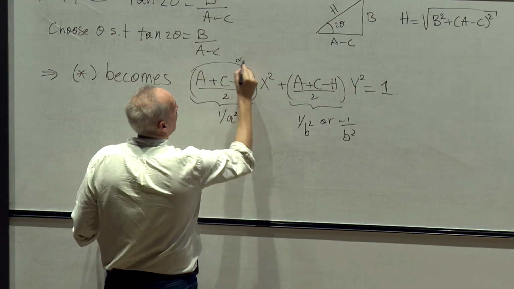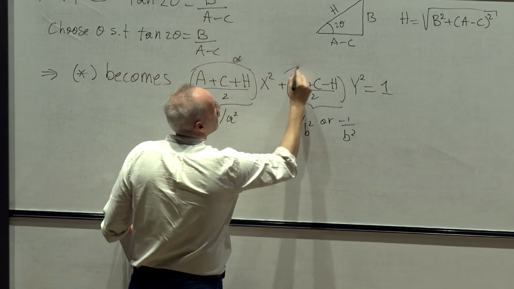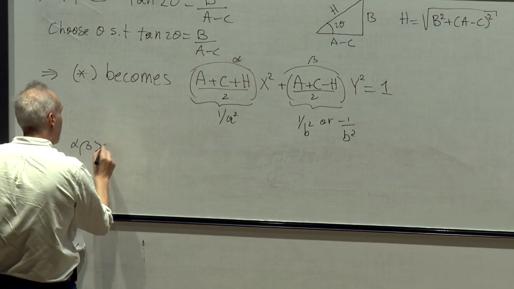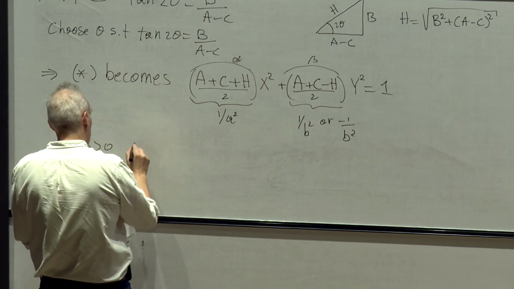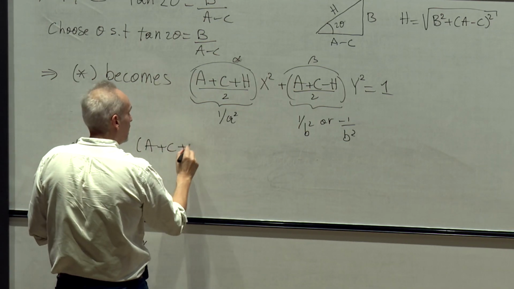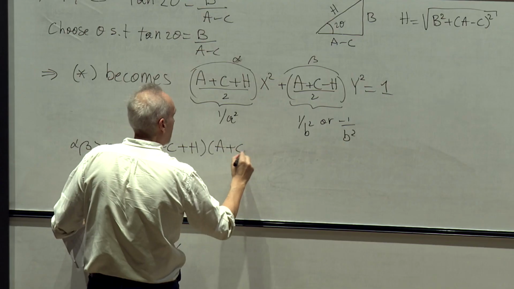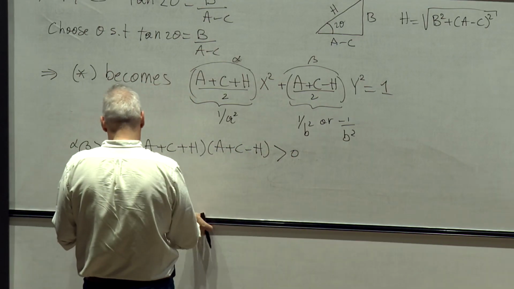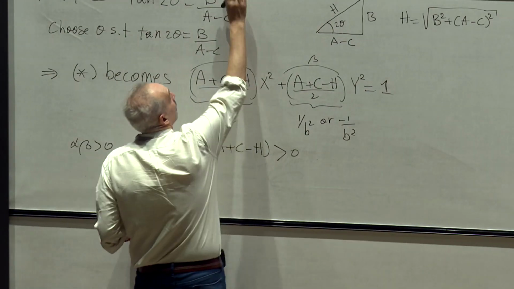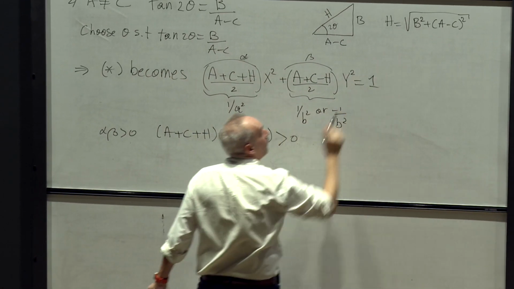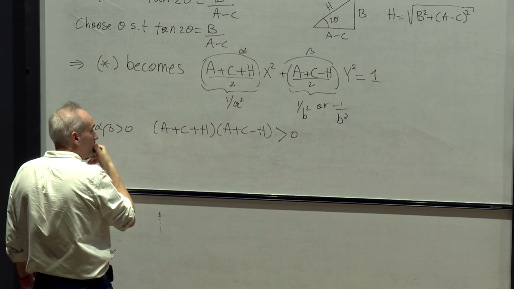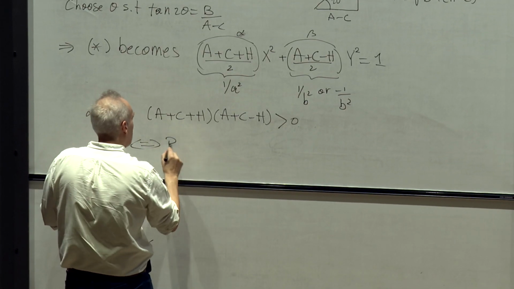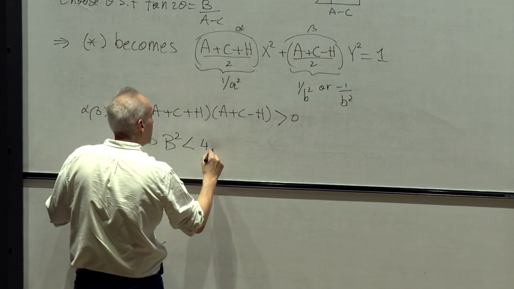If I call this alpha and this beta, alpha times beta is positive if the product of the two is positive: (a plus c plus h) times (a plus c minus h) is positive. Now I can use the definition of h to write this condition purely in terms of a, b, and c, and that condition is b squared less than 4ac.